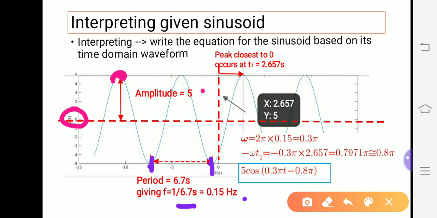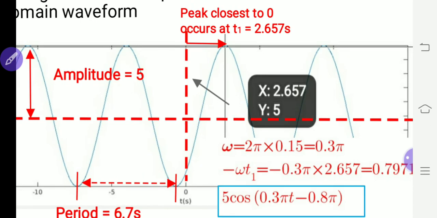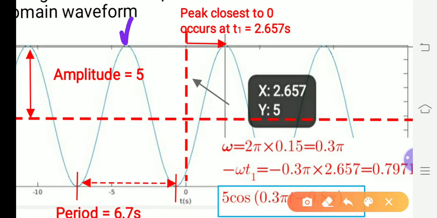The next thing is we try to find the closest peak. Here there are actually two peaks, so I choose the closest one, and the dotted line is where 0 occurs.